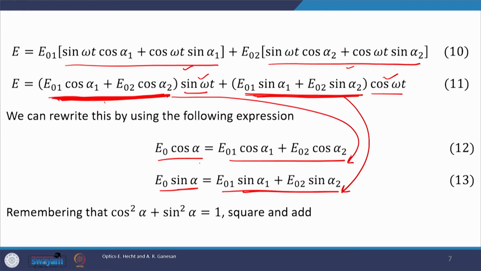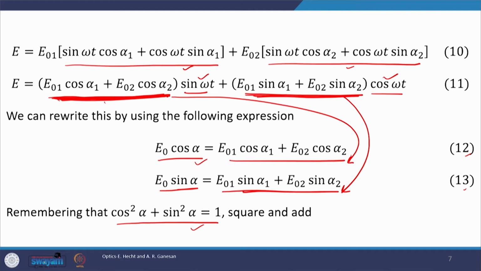Then here we introduce E naught cos alpha and E naught sin alpha and replace the big brackets in equation number 11. And we know that cos square alpha plus sin square alpha is equal to 1. This holds. If you square equations number 12 and 13 and add them up, you will see that they should satisfy this criterion.